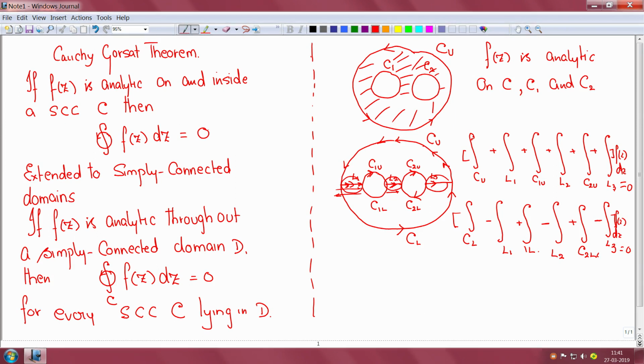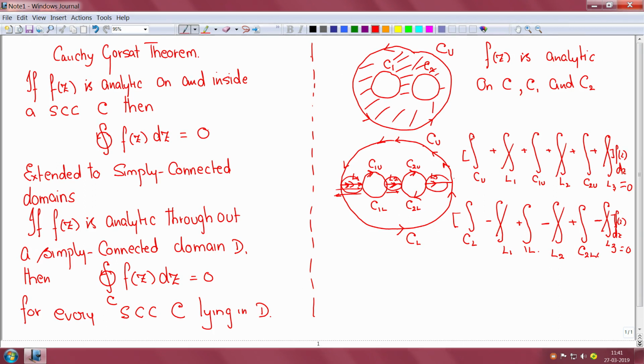Now, I am going to add the two. Plus L3 and minus L3 cancel out, plus L2 and minus L2 cancel out, similarly plus L1 and minus L1 cancel out. So, what am I left with?